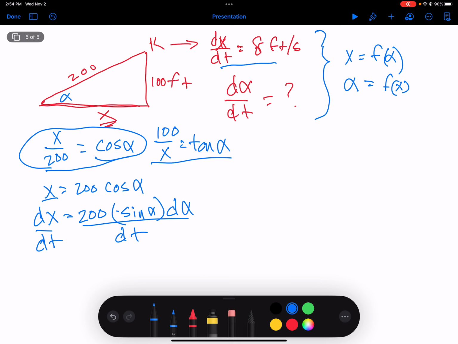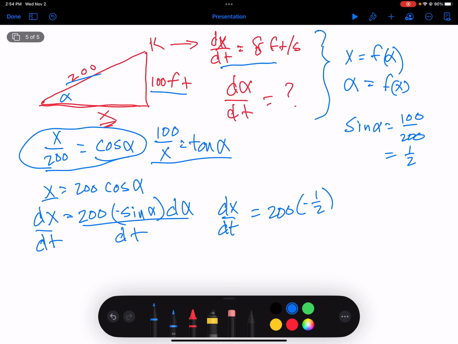And the other thing we can do is, what's negative sine of alpha? Well, that's right up here. Sine of alpha equals 100 over 200, which equals 1/2. And of course, negative of that is just negative 1/2. So we can write this now as dx/dt equals 200 times negative 1/2 times d alpha/dt.